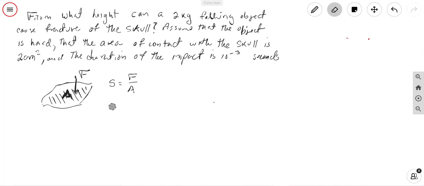Now, what we have to remember is that stress is equal to the quotient of the force over the area. So stress is basically force divided by area.